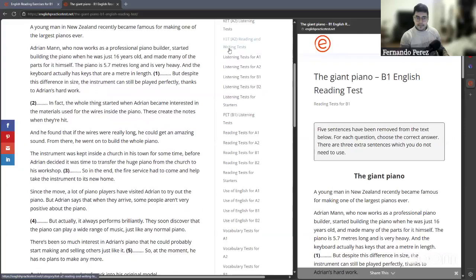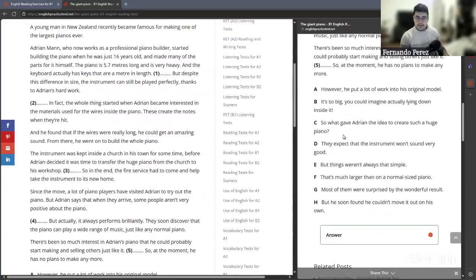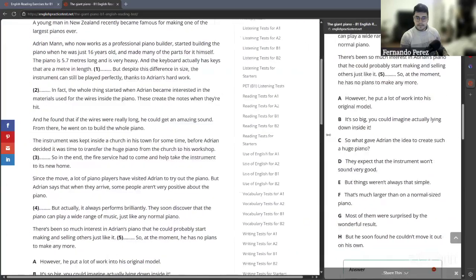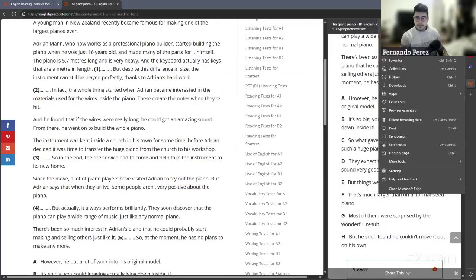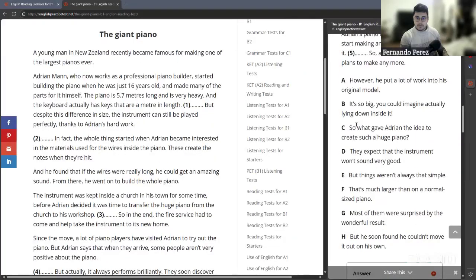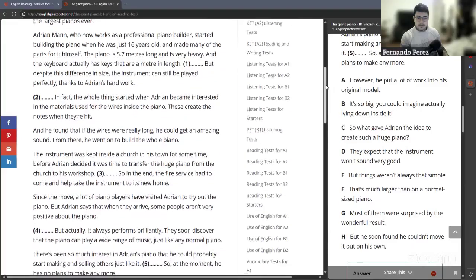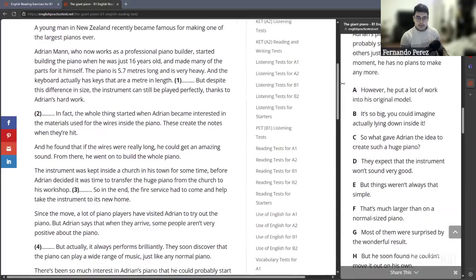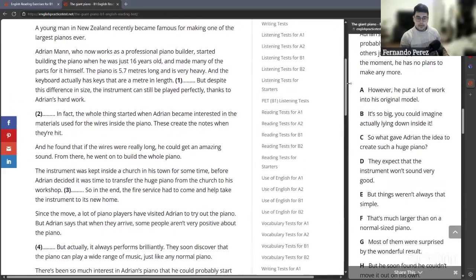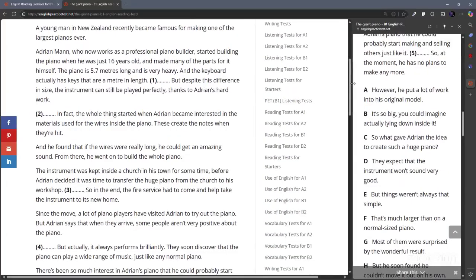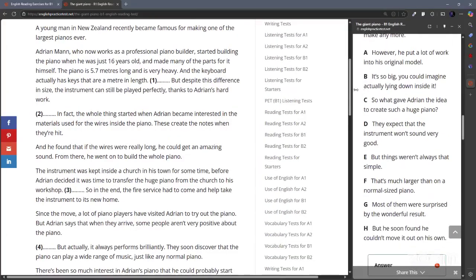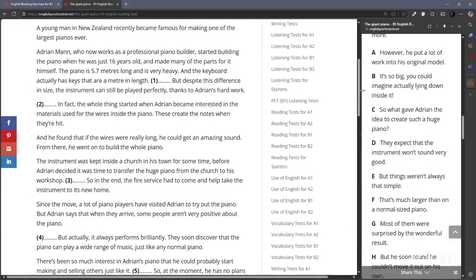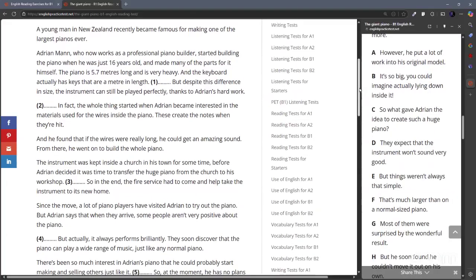Add the text, and these are the options. Question, can you see the text from here? Yes, I need to zoom because I am on the cell phone, but it's right.